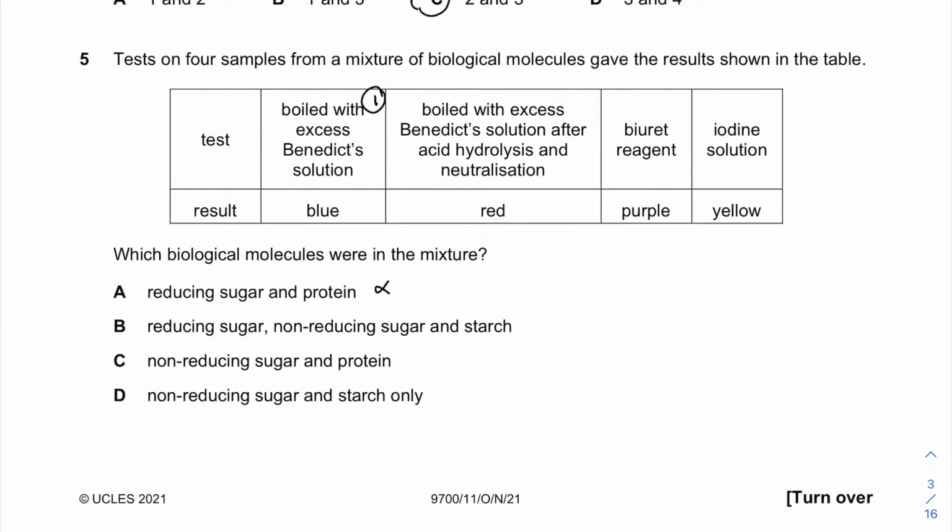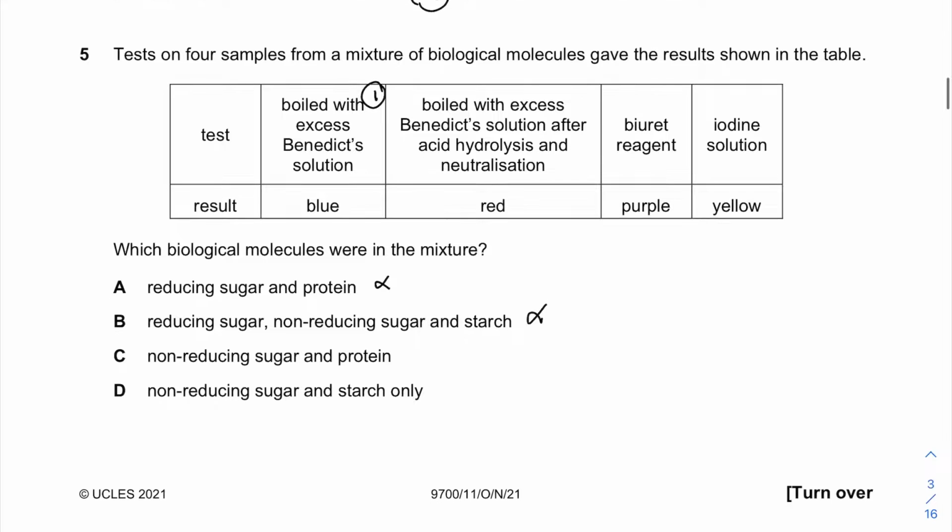So any options with reducing sugar is incorrect. So let's eliminate them. So for the test of non-reducing sugar, before you conduct the Benedict's test, you would need to use acid to hydrolyze the non-reducing sugar to reducing first. Now in this case, after acid hydrolysis and neutralization, followed by Benedict's test, you do actually get a positive result, a brick red precipitate. That means you do have non-reducing sugar.